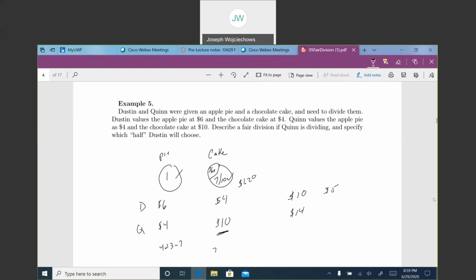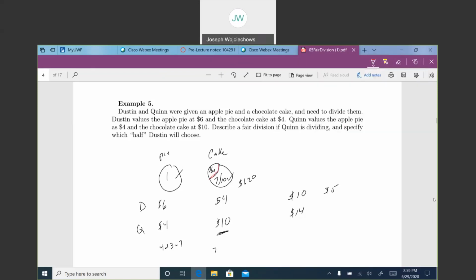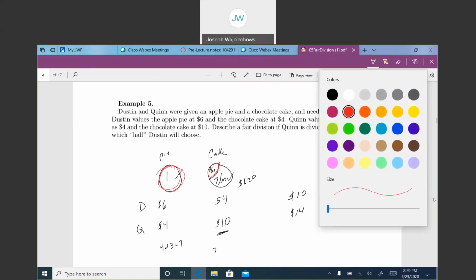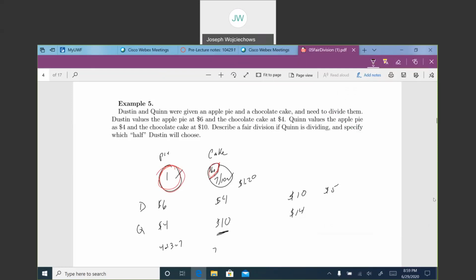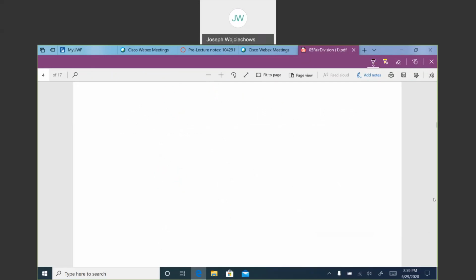So Dustin is taking the 3/10 of the cake and the whole pie. To him, that's more valuable. To Quinn, both choices are of the same value. So again, as I said, it's not necessarily equal portions. It's what you feel is a fair share.